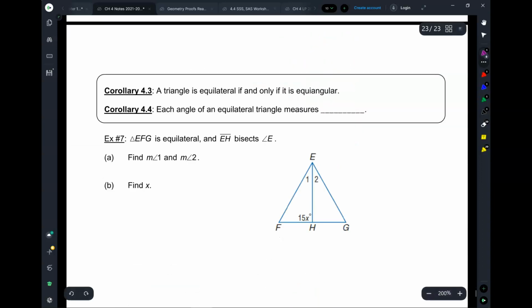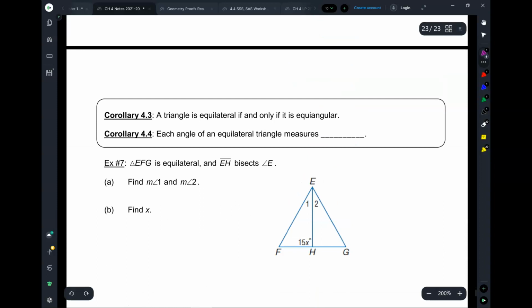Okay, last but not least, some corollaries. A triangle is equilateral if and only if it's equiangular. Why?